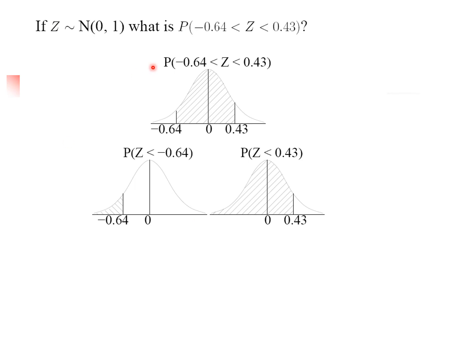So in this question, what are they asking? They are asking for the z value that ranges from minus 0.64 to positive 0.43. So when you draw this diagram over here, minus 0.64 would be falling somewhere here. It is minus, so on this side, and 0.43 is positive, so it falls over here.